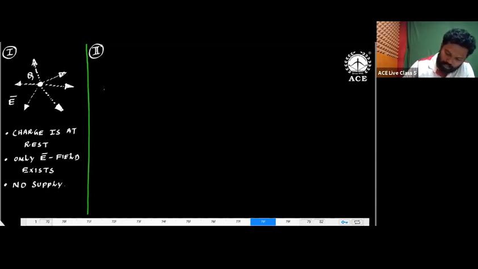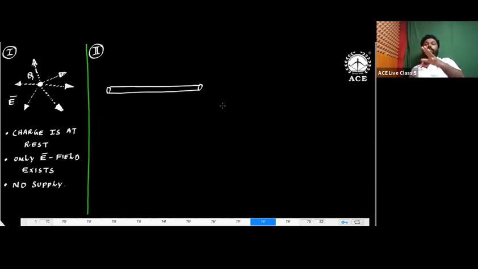So there is a conductor here. I am applying the constant supply. If I apply the constant supply, charges will move with uniform velocity. How can the charges move? Externally, I need to apply the electric field. That we're going to understand with the help of Ohm's law.